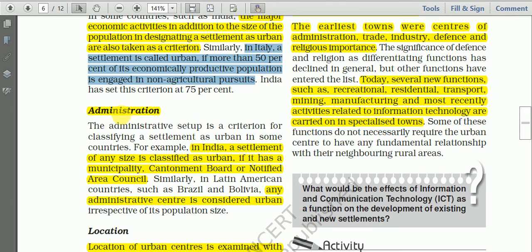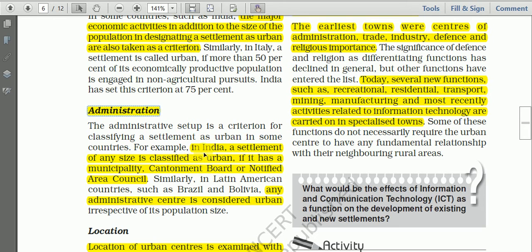The next important criterion for classifying an urban settlement is administrative setup. This is also an important criterion for classifying a settlement as urban in some countries.